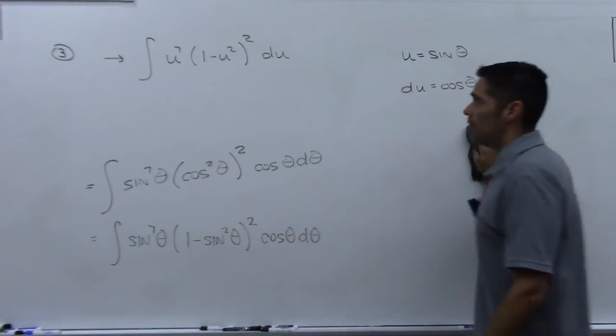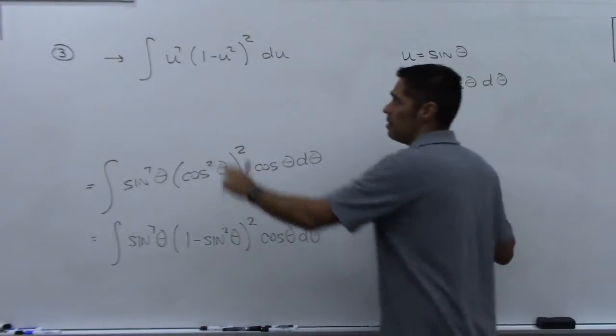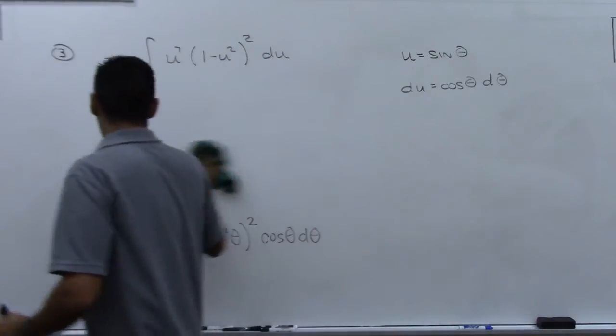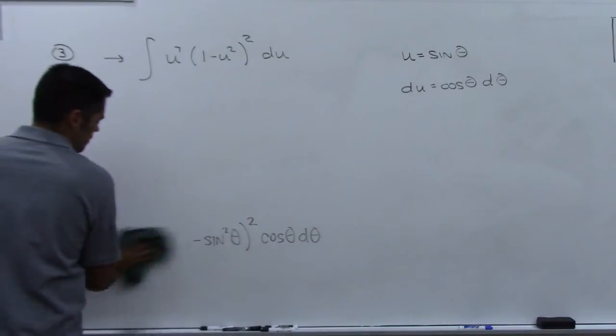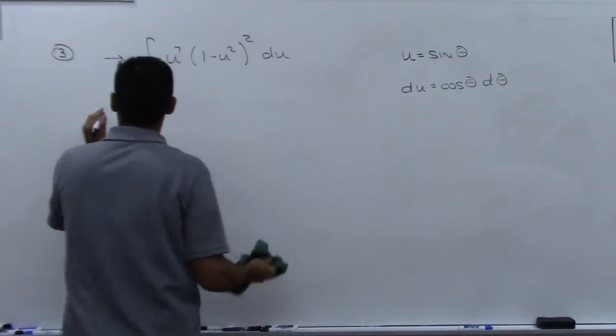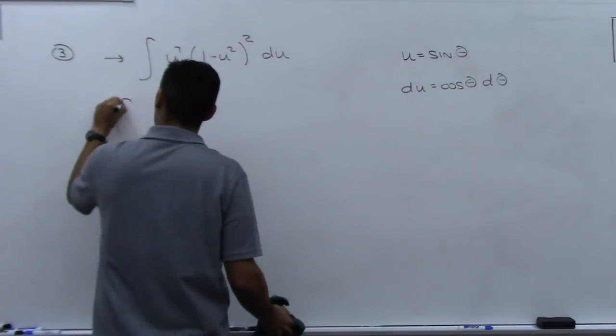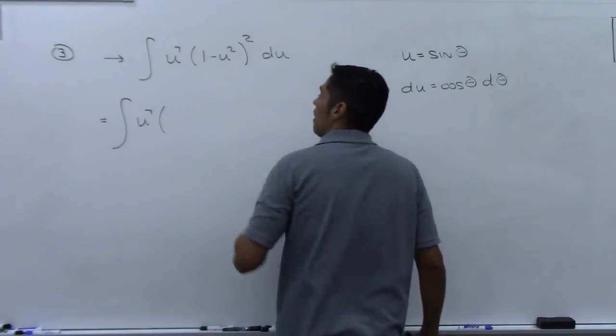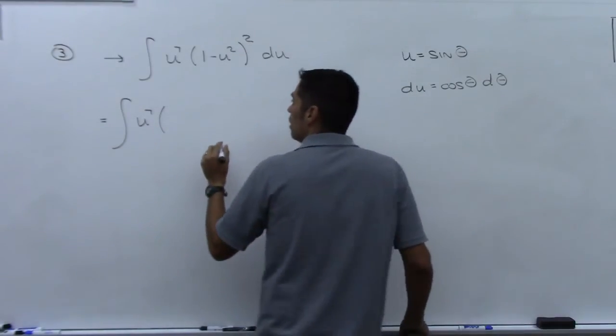This is very much like the last problem, but I can't distribute the u to the 7th through because I have a squared here. So I actually have to square that first. Because I can square it, that's what makes this problem doable. If that were to the 100th power, I'd have to do something else.